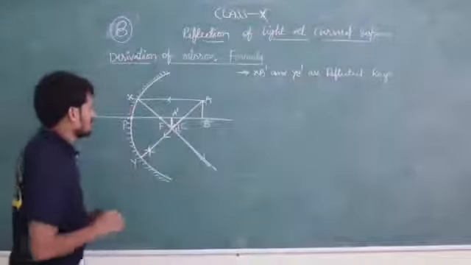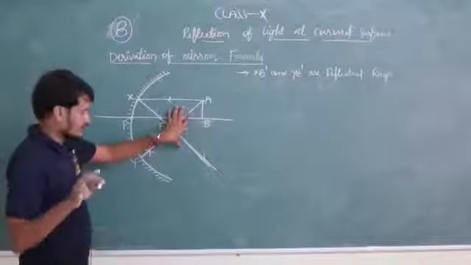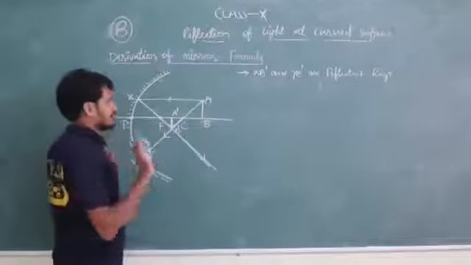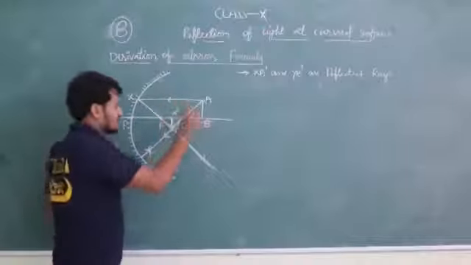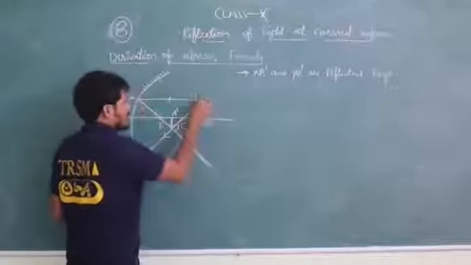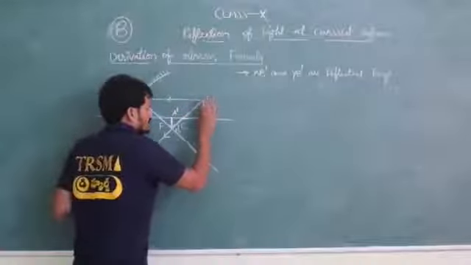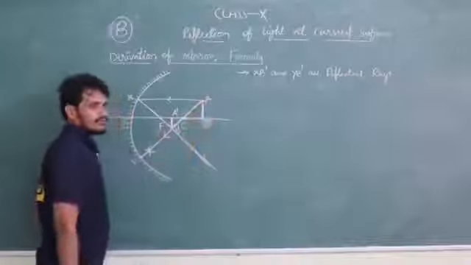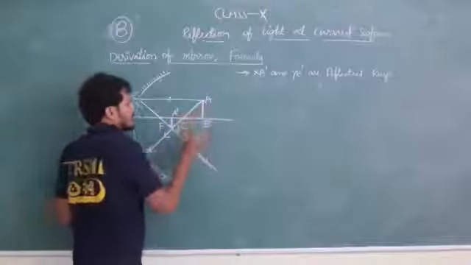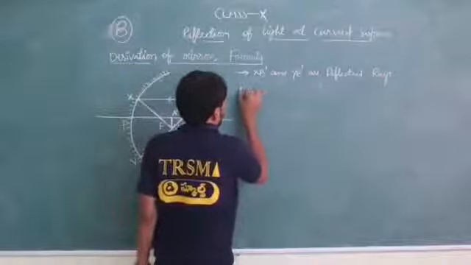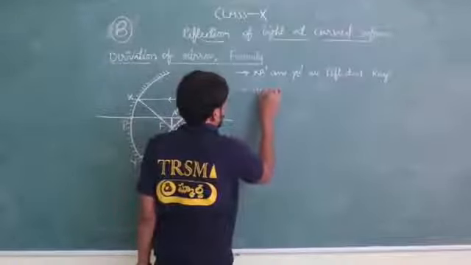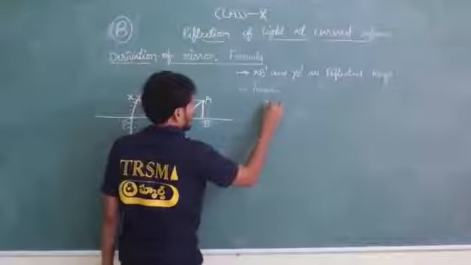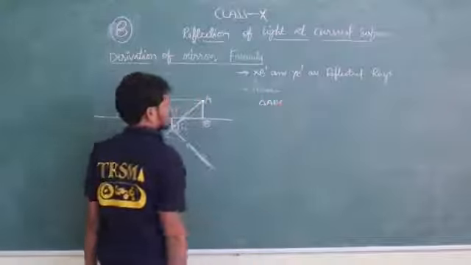Now from this position, consider two triangles here. First, consider triangle ABC.